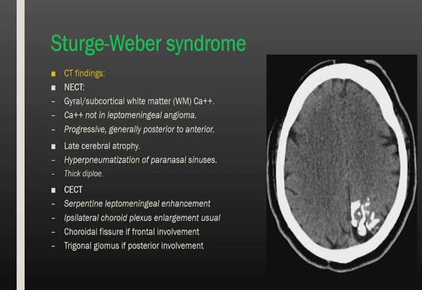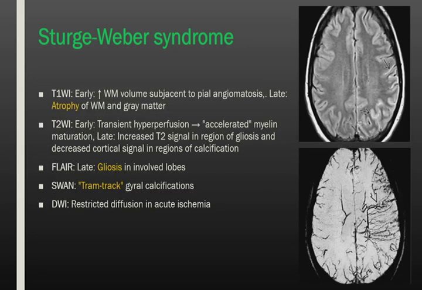And contrast CT shows serpentine leptomeningeal enhancement, ipsilateral choroid plexus enlargement usual, choroid fissure is frontal involvement, and trigonal glomus is posterior involvement.